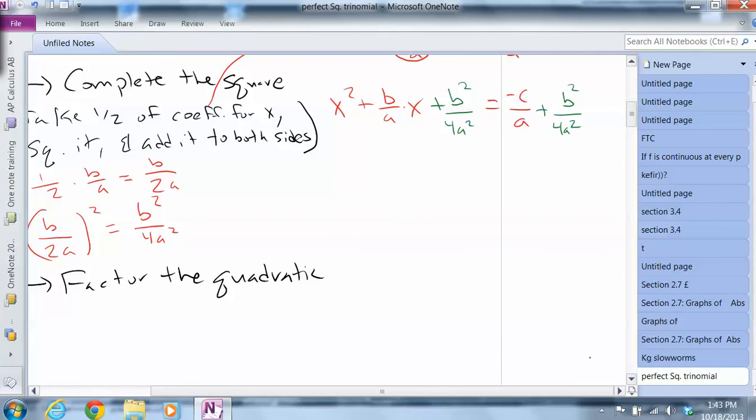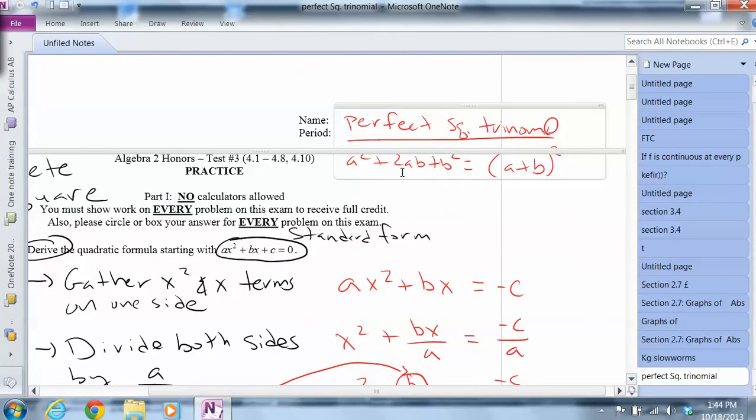That's our quadratic. What you're going to want to do is do this. Remember, it's a perfect square trinomial, as I showed you guys up here.